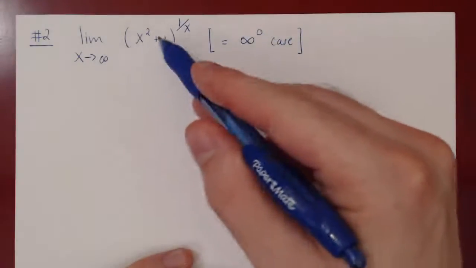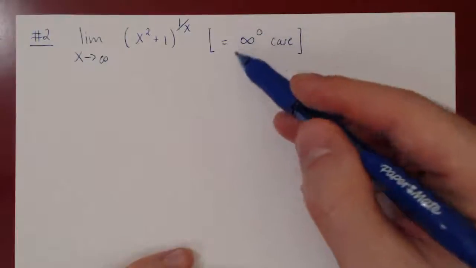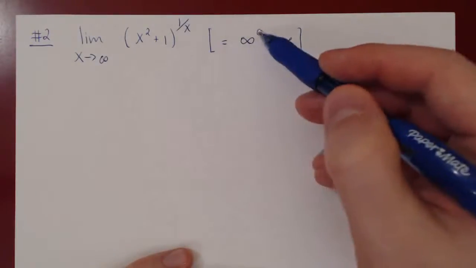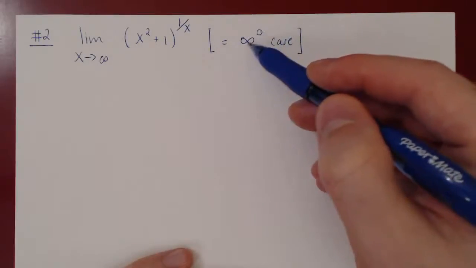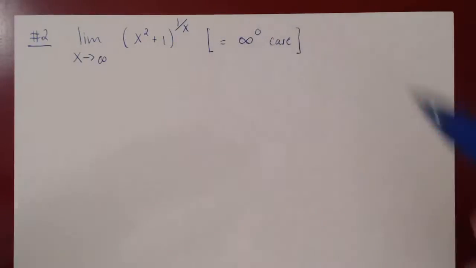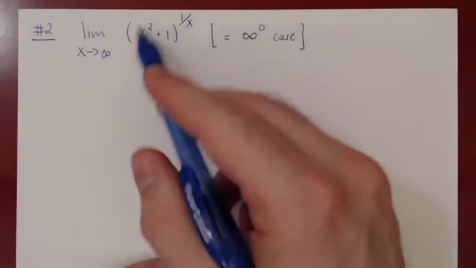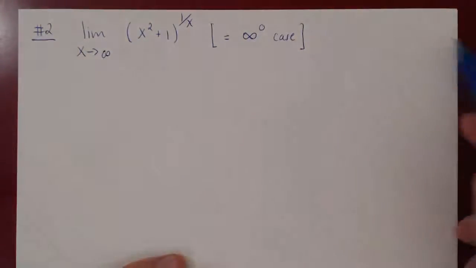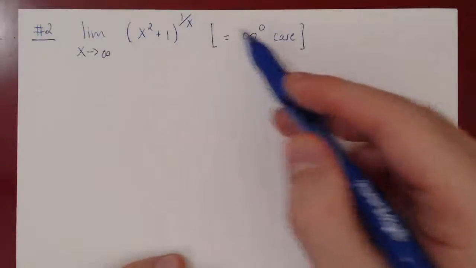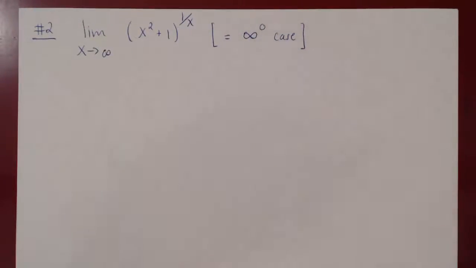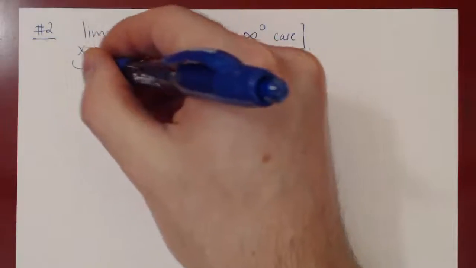The base is trying to make the expression bigger and bigger, but because the power is getting closer to 0, it's trying to bring the expression back closer to 1. The question is, which term is going to win? Is it the base that will blow this up to infinity? Is the power going to bring it back down closer to 1? Or maybe they'll balance each other out to some positive number. Anything could happen. So let's see now.